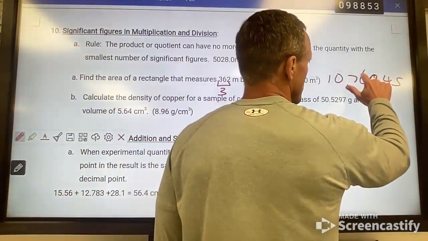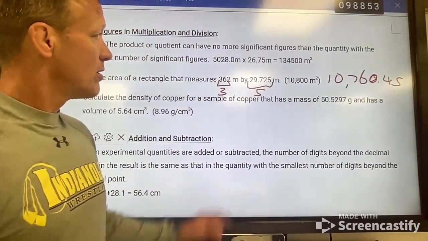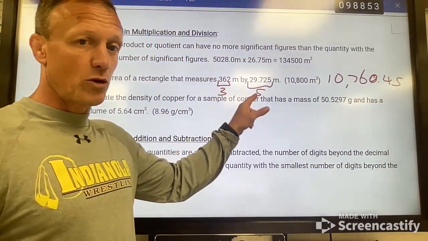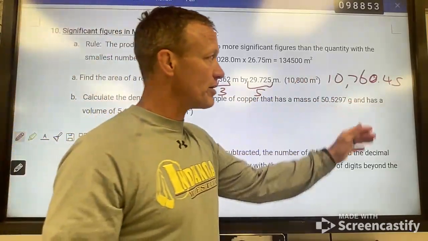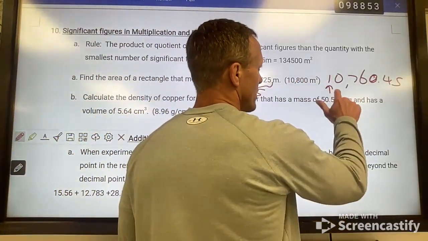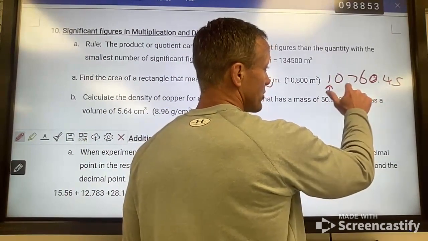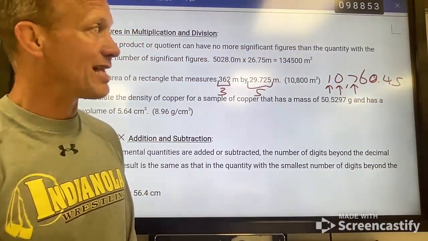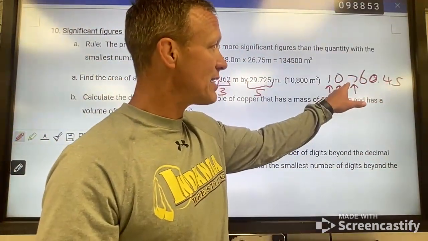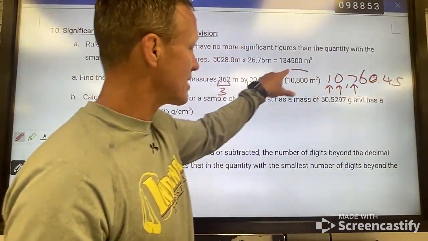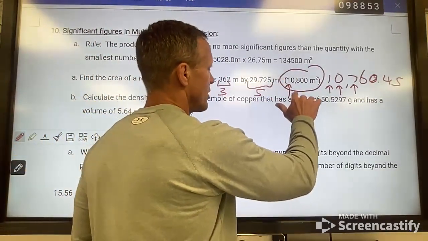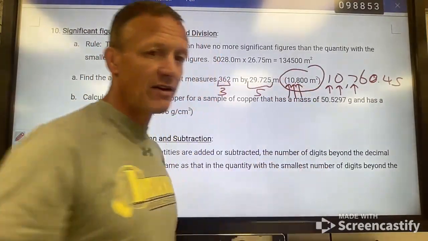Well, 3 sig figs is the least number of sig figs in the numbers we're multiplying, so our answer has to round to 3 sig figs. So there's 1. There's 0 counts because it's between 2 of them. There's 2. There's our third sig fig. So we need to round to that, which the 7 rounds to an 8. These become 0. So 10,800, which has 1, 2, 3 sig figs in it.